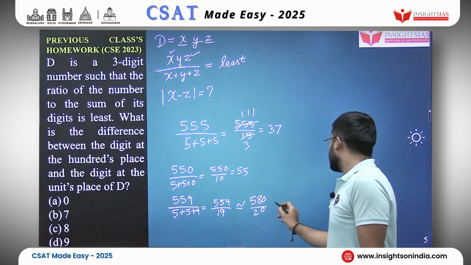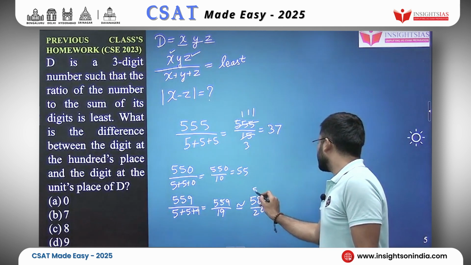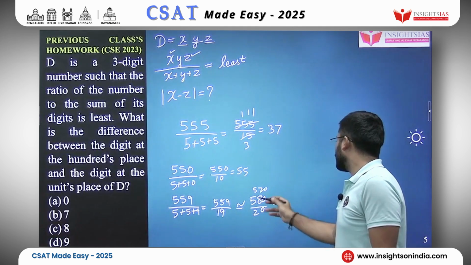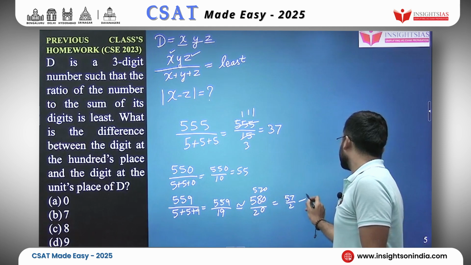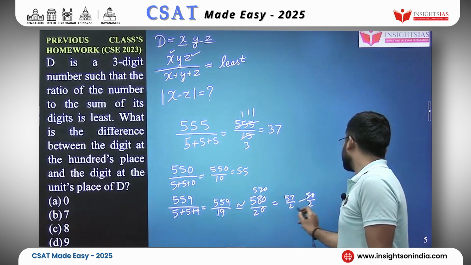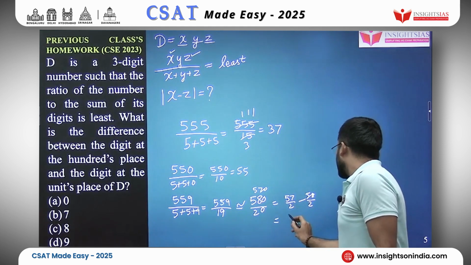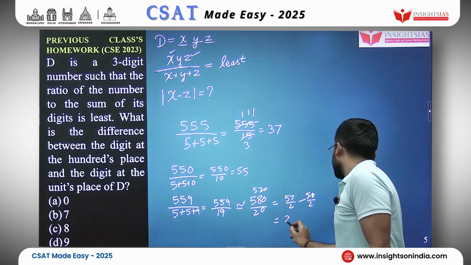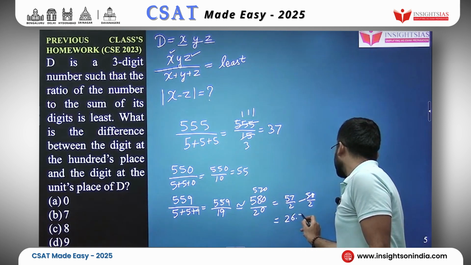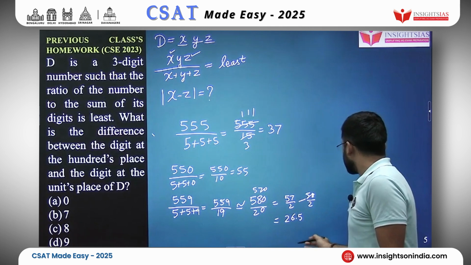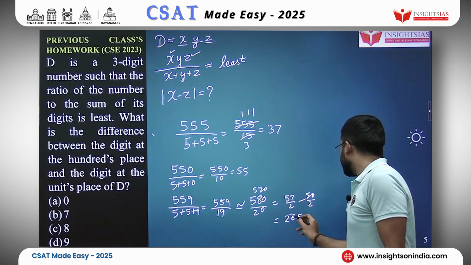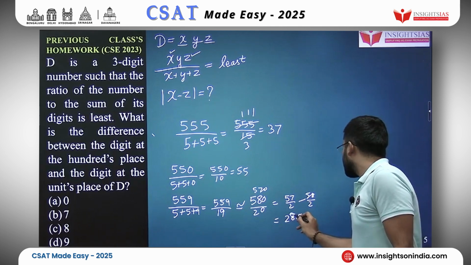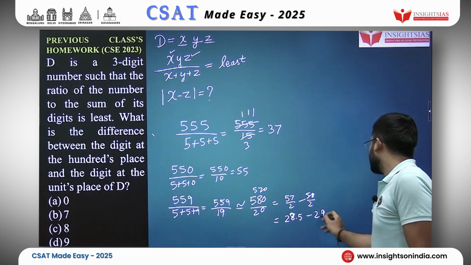Then what would the value be? It would be somewhere between 57 by 2 or 58 by 2. That would be 28.5 or 29.